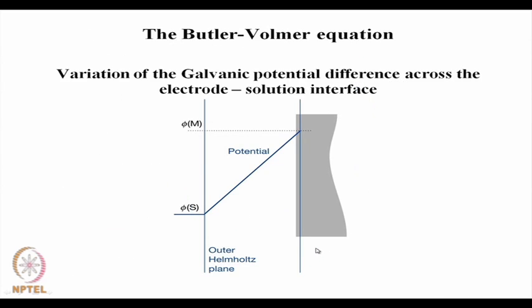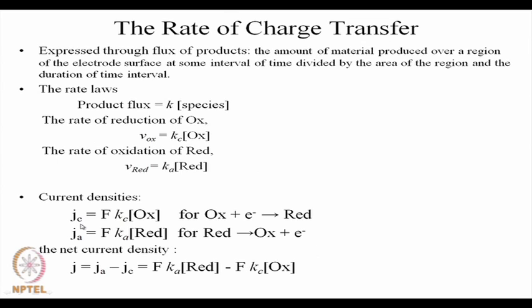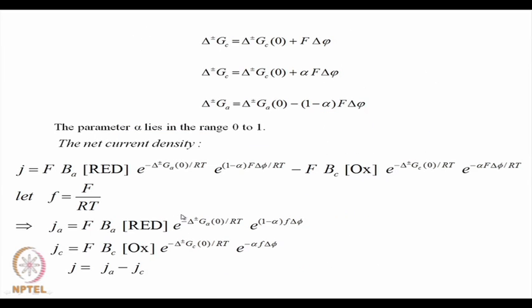We already explained what flux is, current density. So, current density JA is this for your anodic, and for your cathodic it is this. So, the net current density is JA minus JC. You just take the difference between these two and you will get the net current.